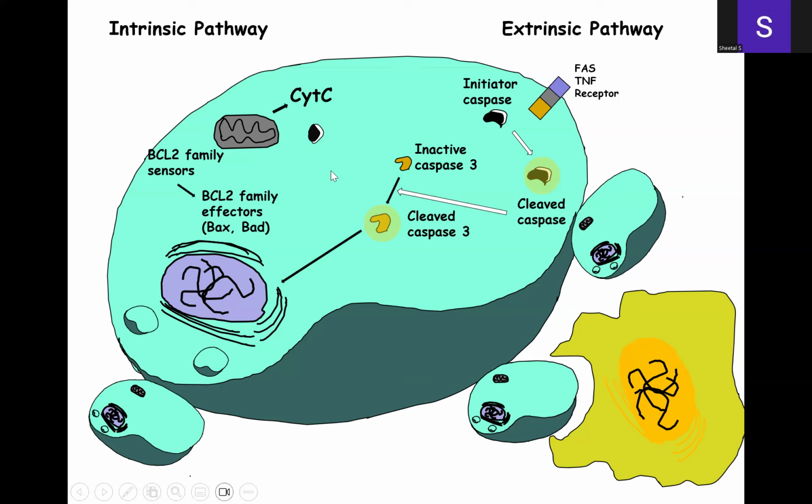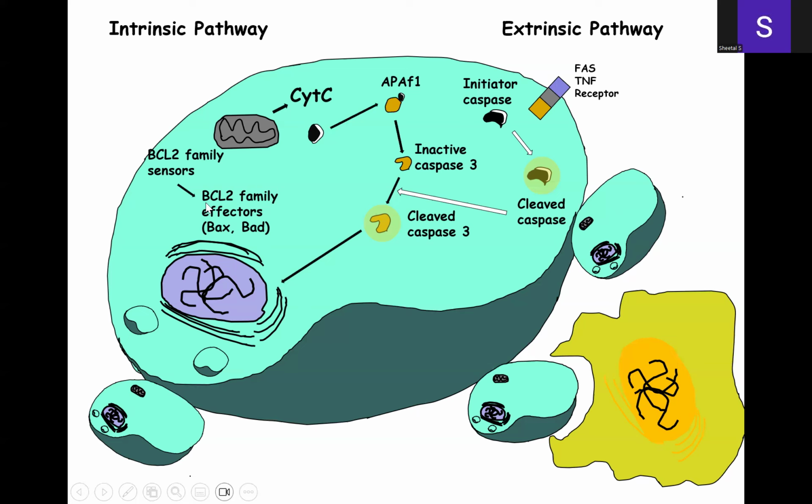Then specific enzymes such as APAF1 interact with cytochrome c, and that will eventually lead again to activation of caspase 3 by cleavage, which will further bring about the downstream apoptotic response similar to that induced by the extrinsic pathway.